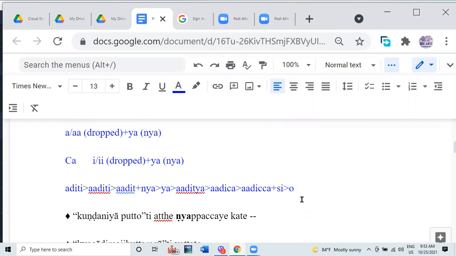In the explanation, Sayadaw showed us below the formation of the word. You see? So I think it should be aditi, and then it comes to aditi plus naya. And then when we drop the na, it's still aditi. Sorry, it's still adit, because you don't have the strengthening, but we still have naya there.